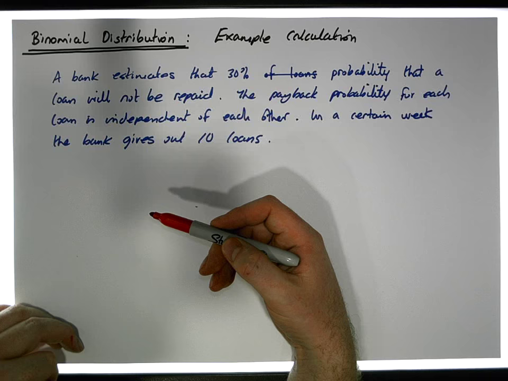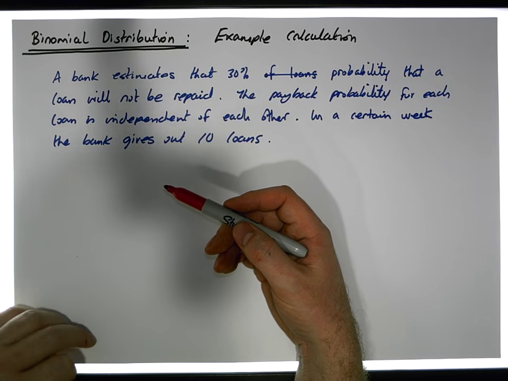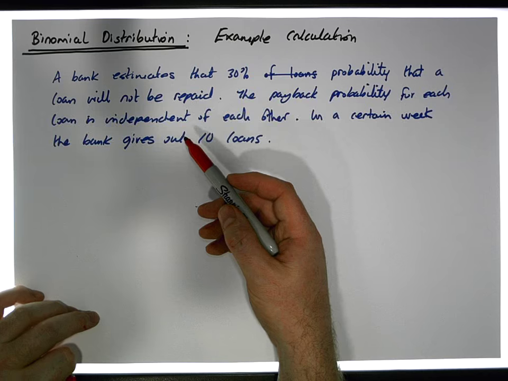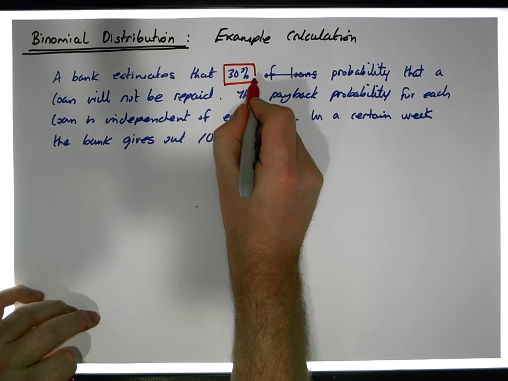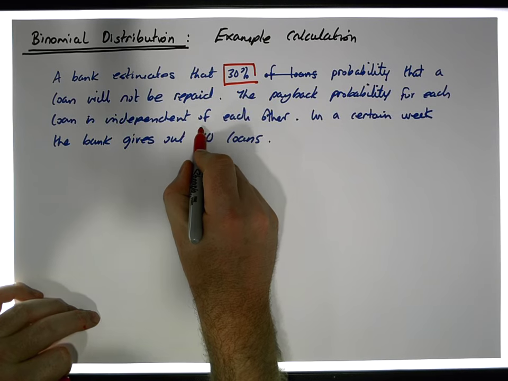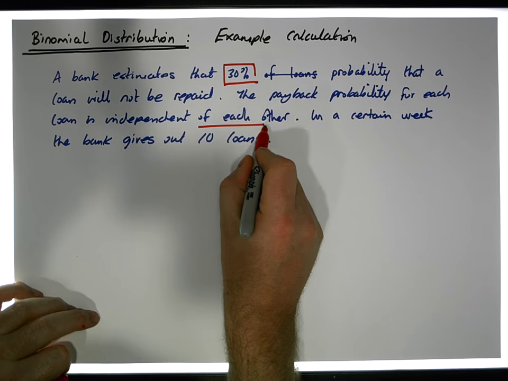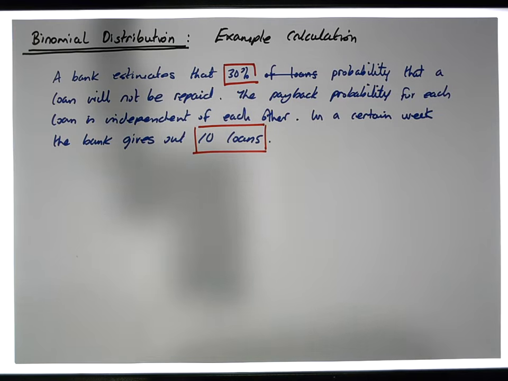So the likelihood that a loan will not be repaid is 30%, and in a particular week, there are 10 loans given out by this bank. And I've got a few questions.